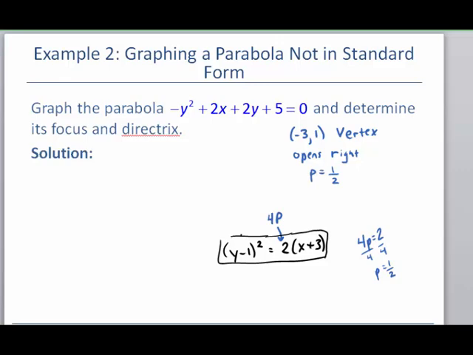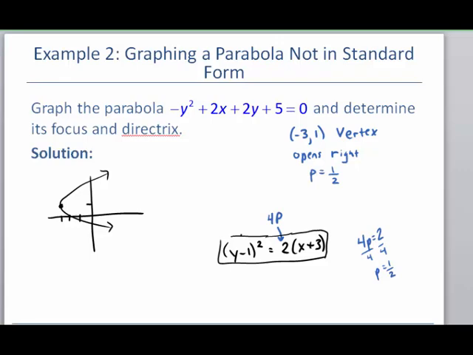Okay, so let's go ahead and just sketch out a rough sketch of what we've got. I'm going to plot my vertex at -3, +1. I know that the parabola opens to the right, so it's going to look something like that. And I know that my focus is going to move 1/2 of a unit on the inside of that parabola.